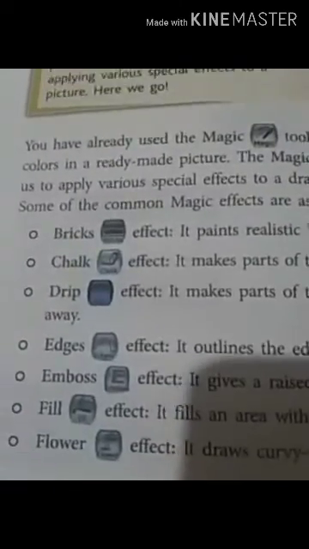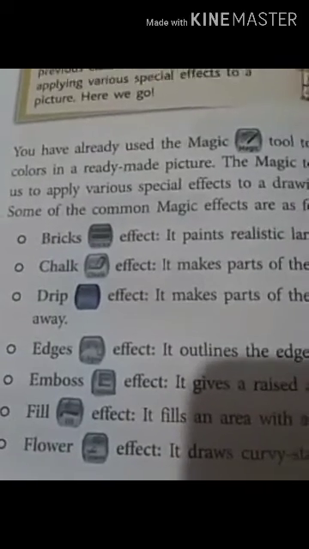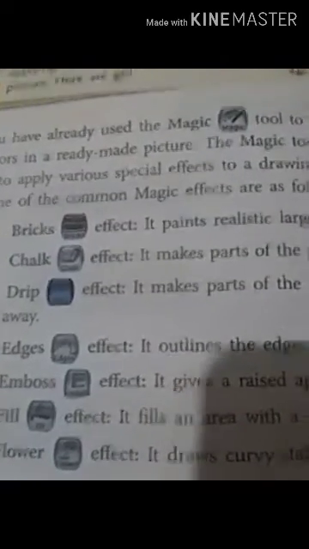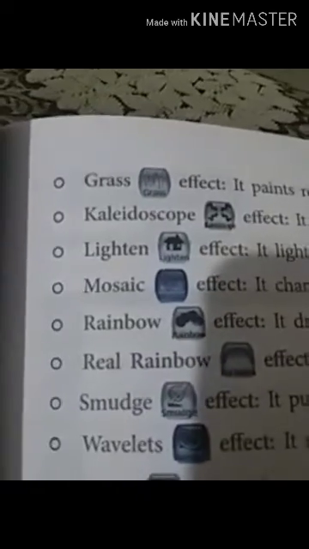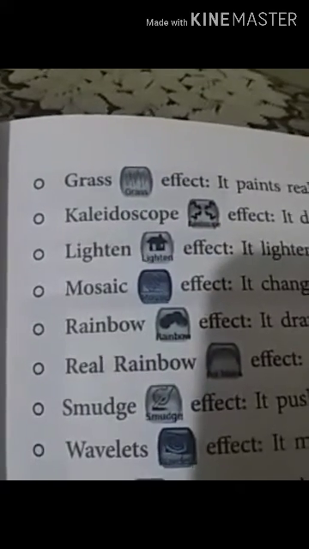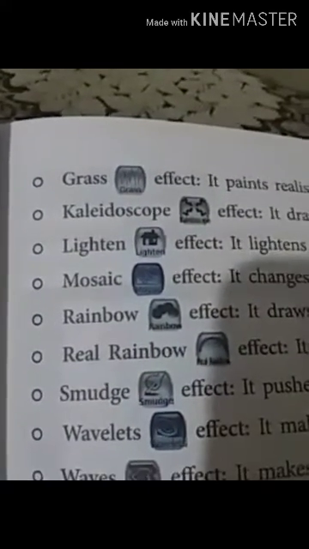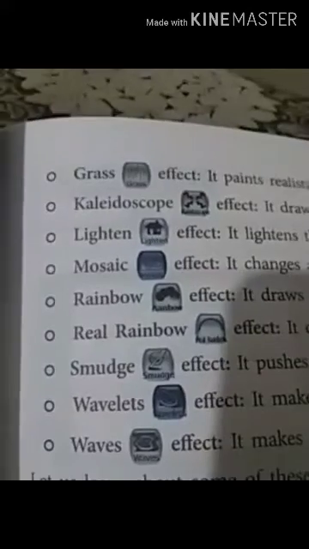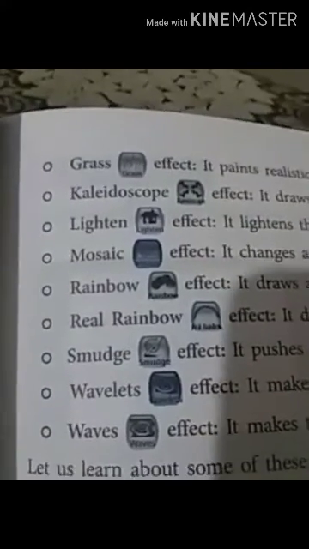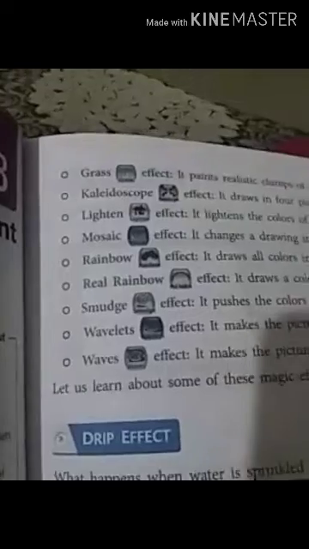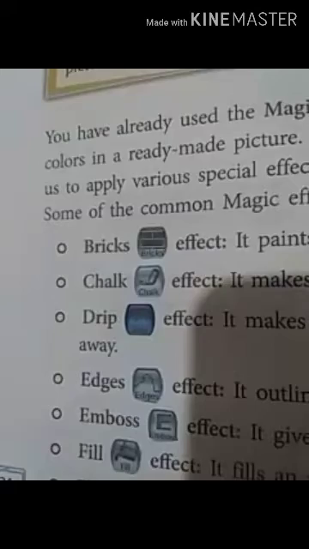Edge effect, emboss, fill effect, flower effect. Then we read about the grass effect, kaleidoscope, lighten, mosaic, rainbow, real rainbow, smudge, velvets, waves. As the name suggests, again I am telling you very quickly, bricks means it makes bricks. Chalk, it makes it just like chalk.